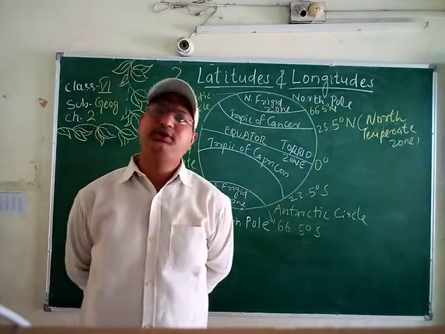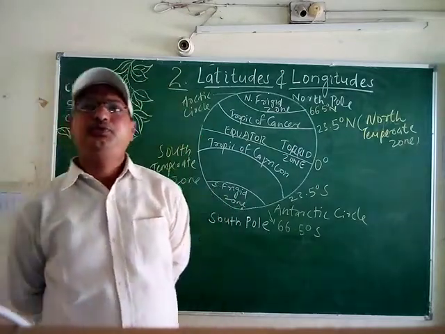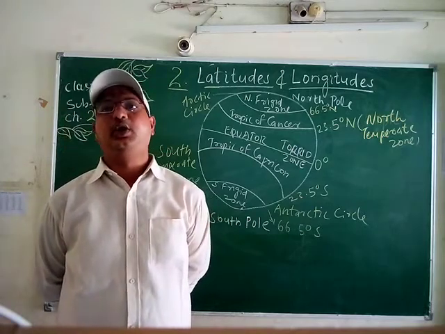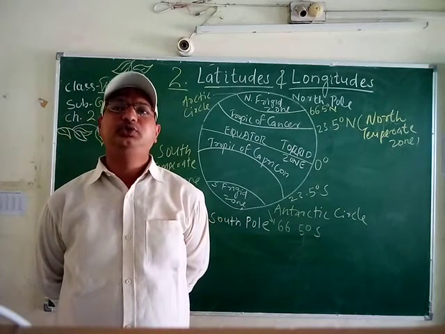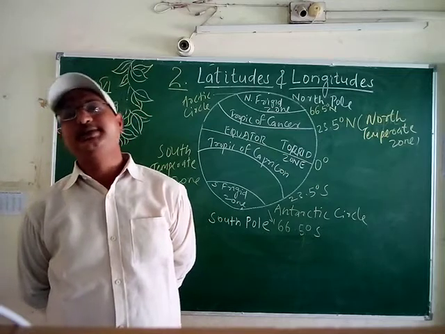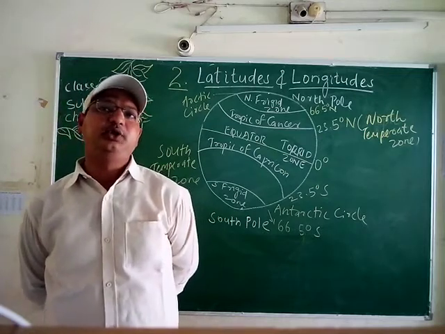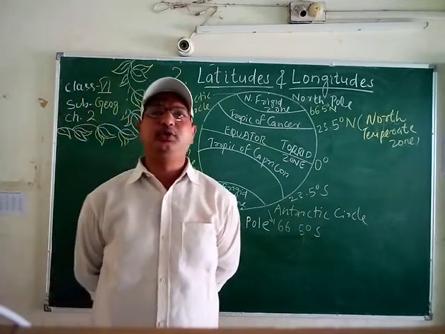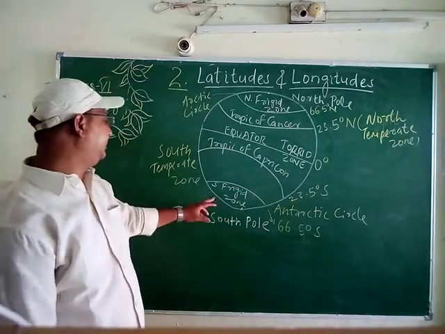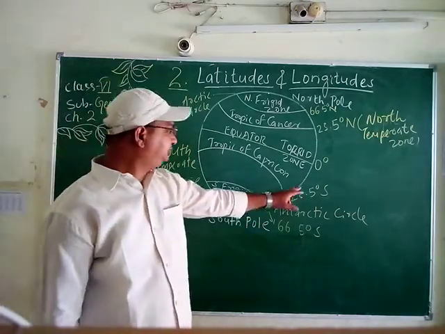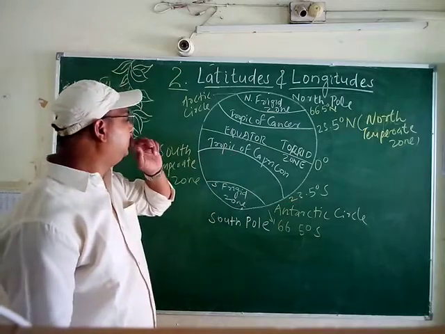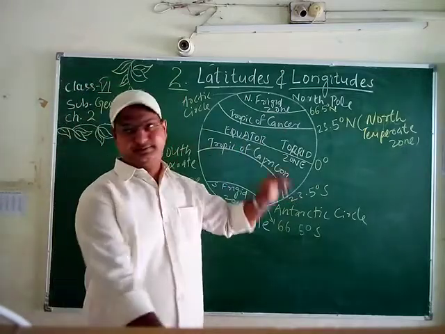So, besides the equator, there are 4 important latitudes on the Earth's surface. The first one is the Tropic of Cancer at 23.5 degrees north and the Tropic of Capricorn at 23.5 degrees south. As I have told you, I have written here Tropic of Capricorn and Tropic of Cancer.